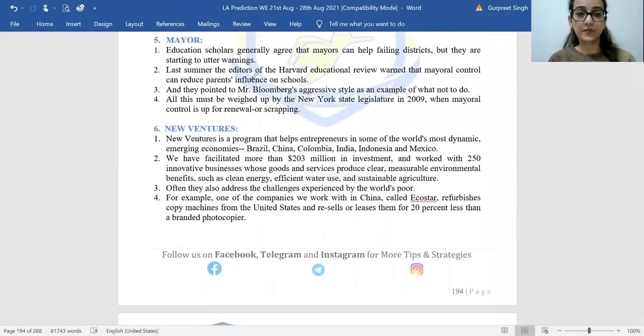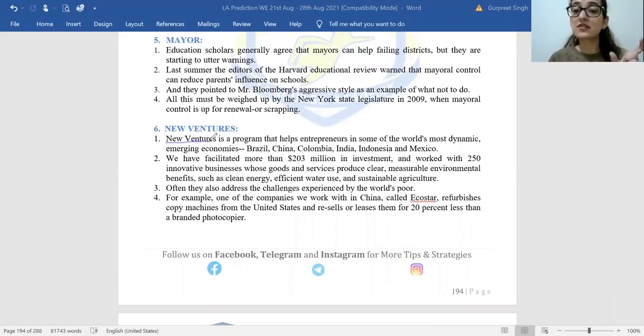Let's look at the next one. This says New Ventures is a program that helps entrepreneurs in some of the world's most dynamic emerging economies: Brazil, China, Colombia, India, Indonesia, and Mexico. What we should mark is New Ventures. This is a definition given to us. What is New Ventures? N and V both are capital.